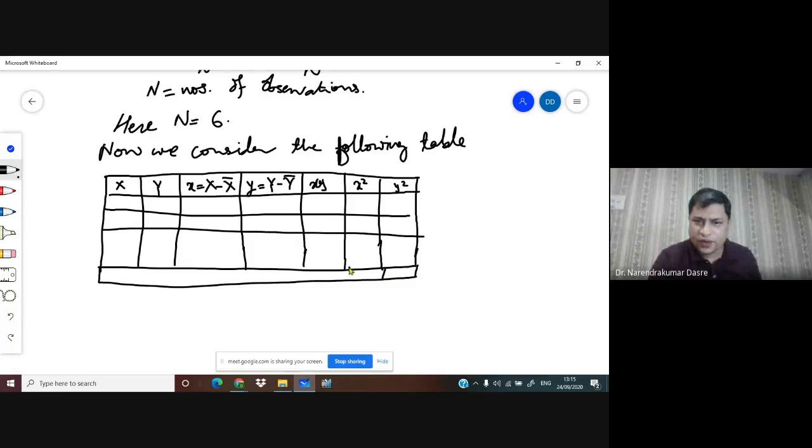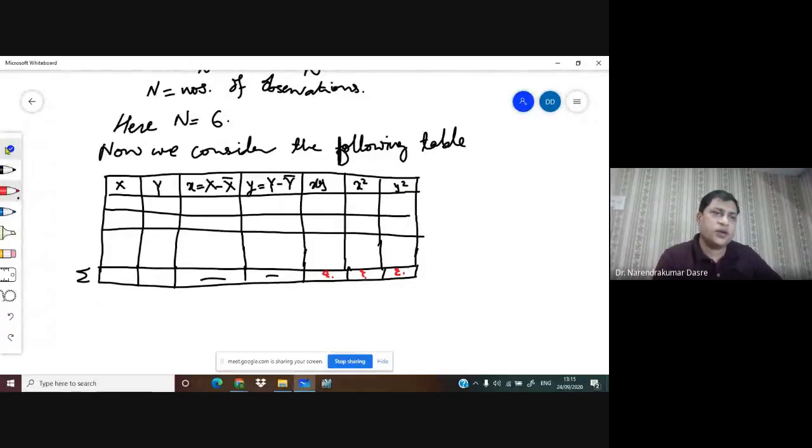So we are interested in summation x, summation y. We are not interested in summation of small x and small y. Here we are interested in the sum of small x into small y, and the sum of small x square and small y square. Okay.